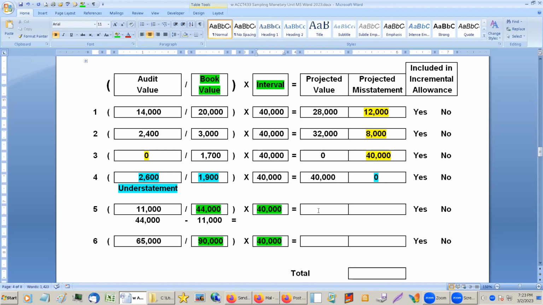The actual misstatement here is 33,000 for that item. Okay, 33,000. If I were to multiply this out, 11 divided by 44 is one quarter. This would be 10,000. And this would be 30,000. Notice that this would understate what we know that this account is off by. We know that this is off by 33,000.